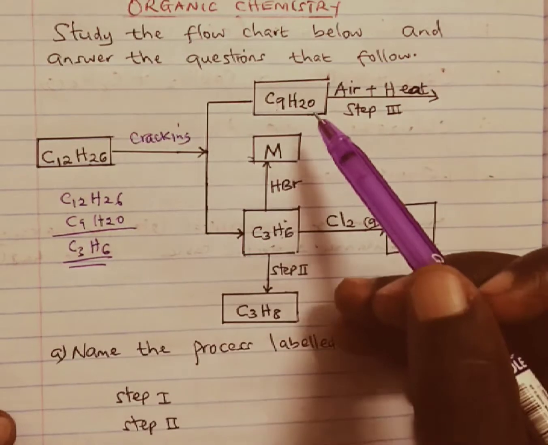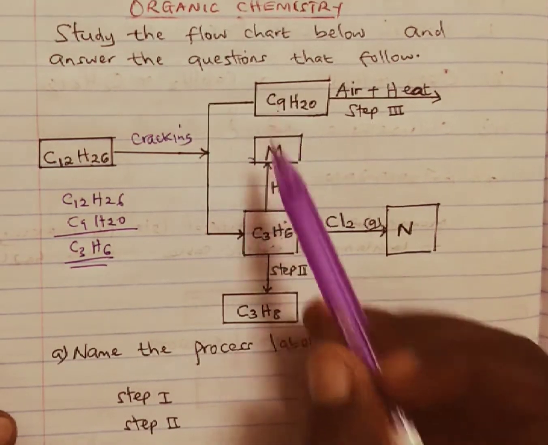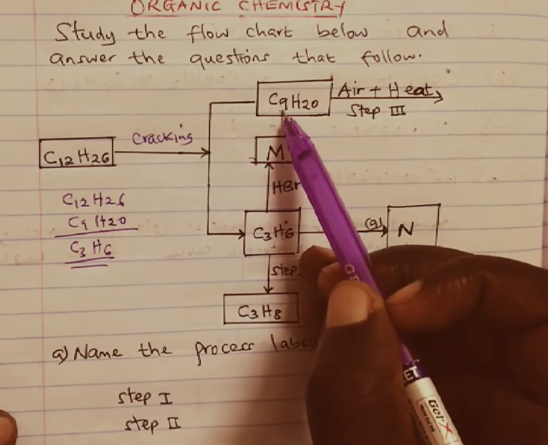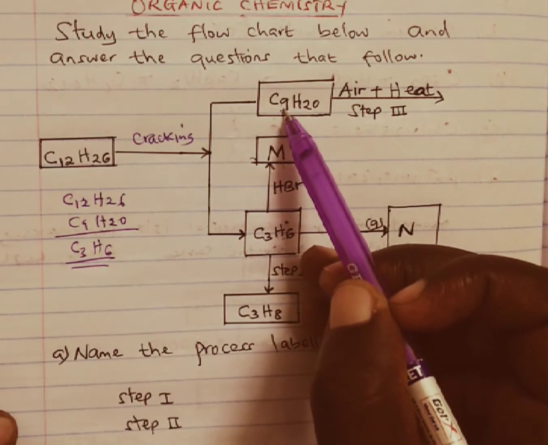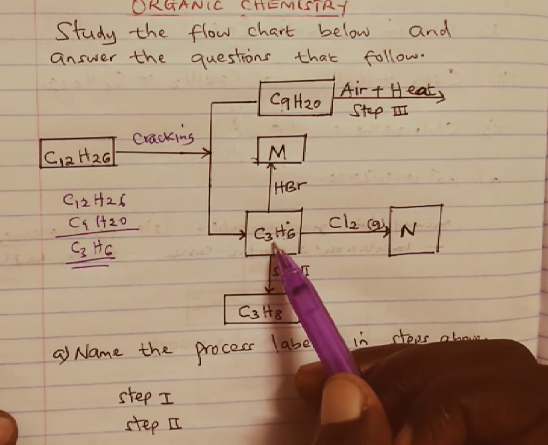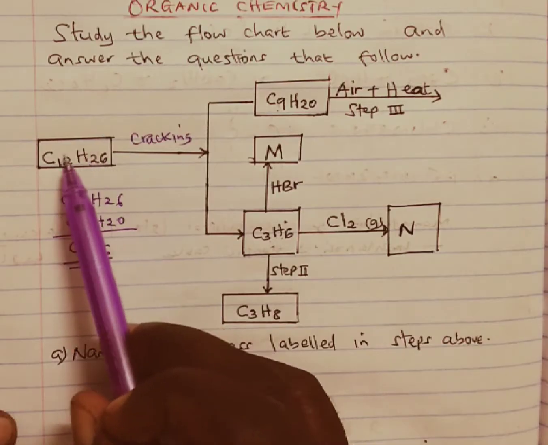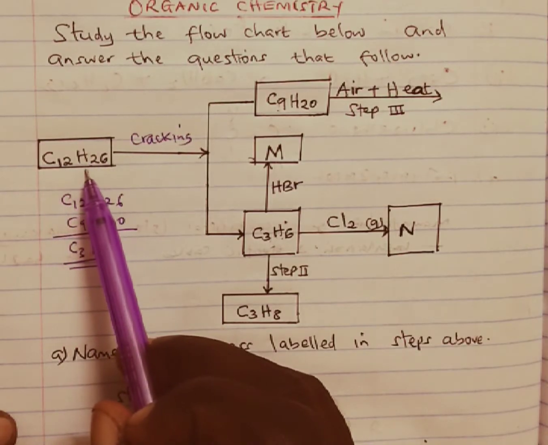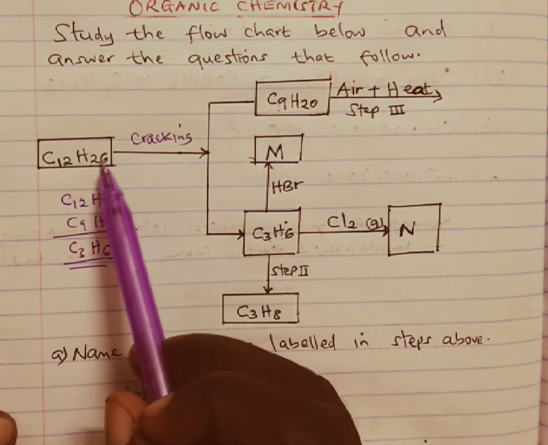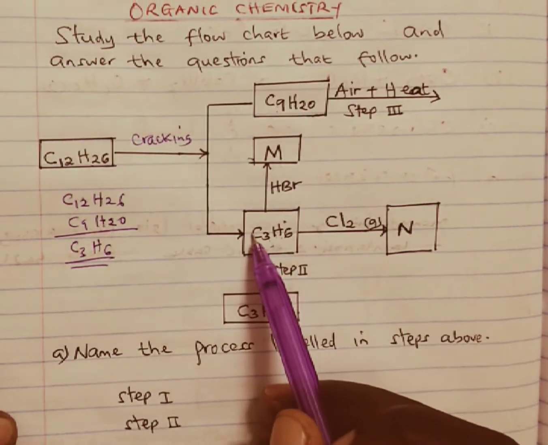Now, let us now move again. We have the two hydrocarbons, which is nonane and propene. And remember, anytime we are splitting a longer or a bigger alkane, it gives us an alkane and an alkene.